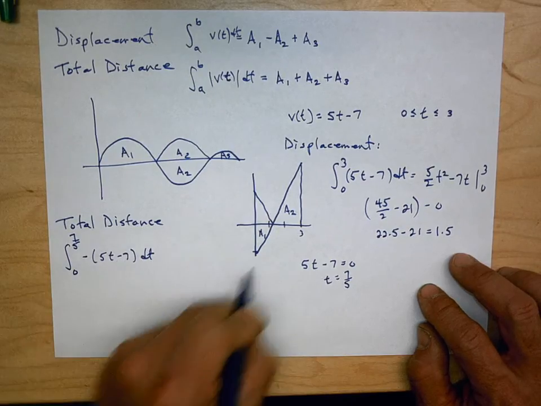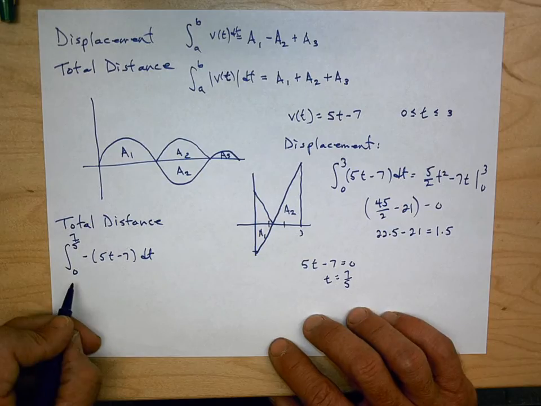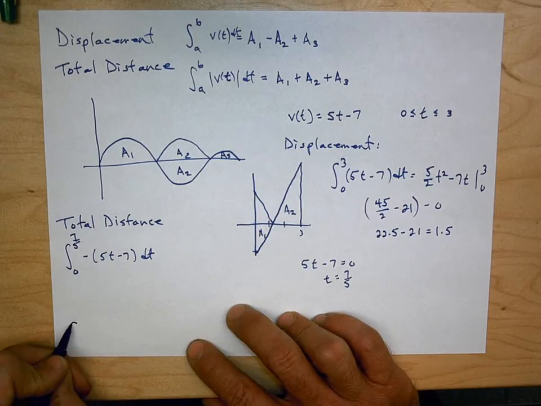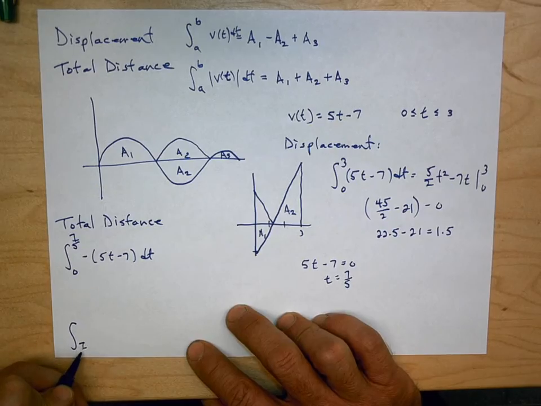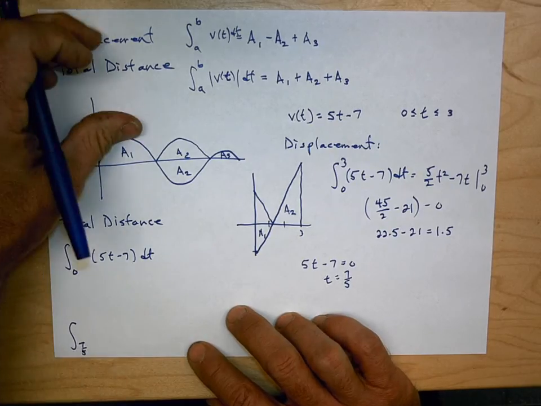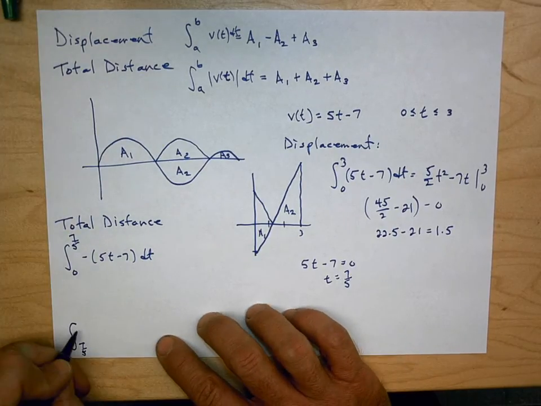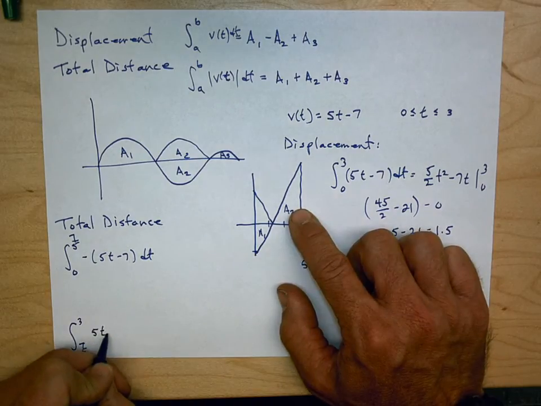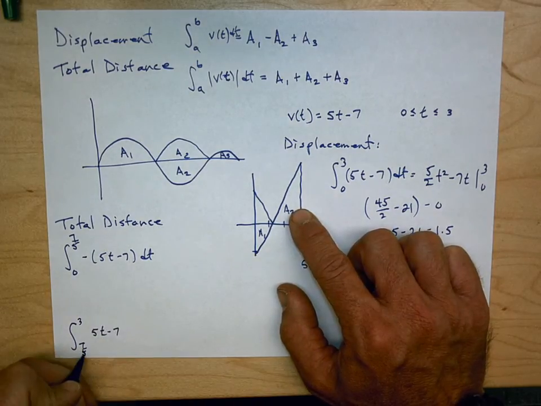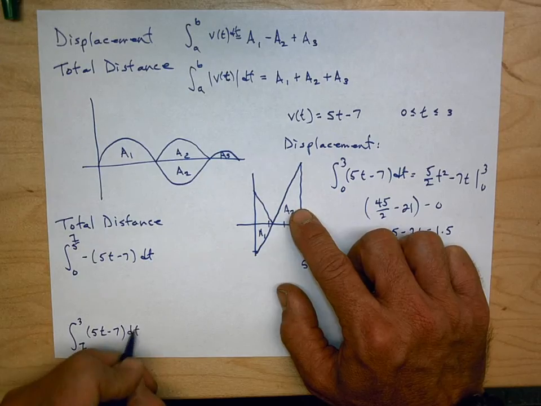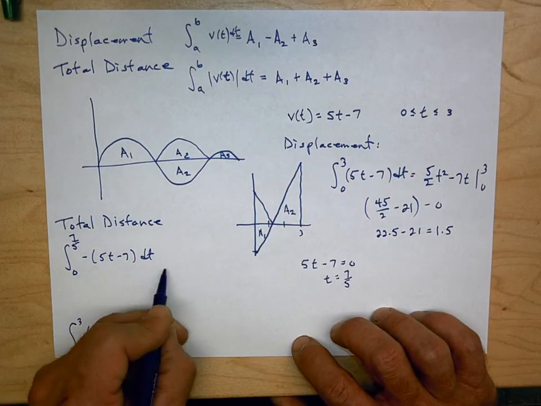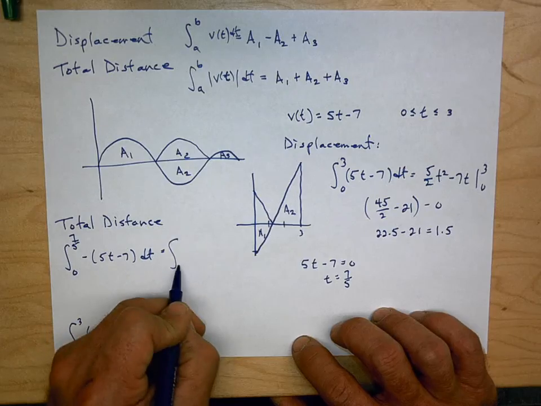That will give us A1. Let's go ahead and I'll just set up the next one. The other one is going to be from 7/5 up to 3. And there we're going to use the function 5t minus 7, because it is positive from 7/5 up to 3. So here I can just rewrite that as the integral from 0 to 7/5.